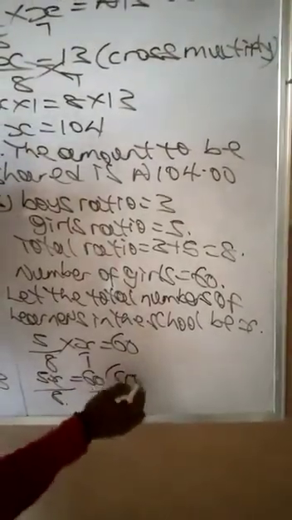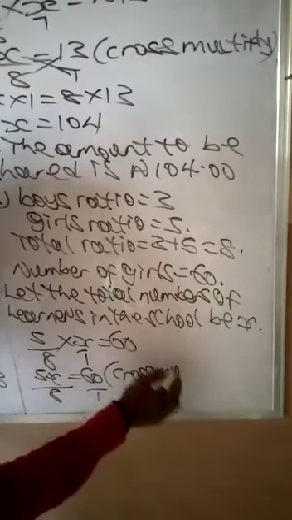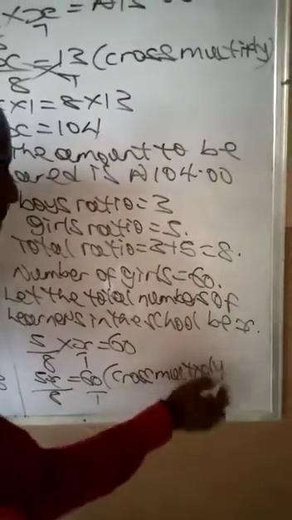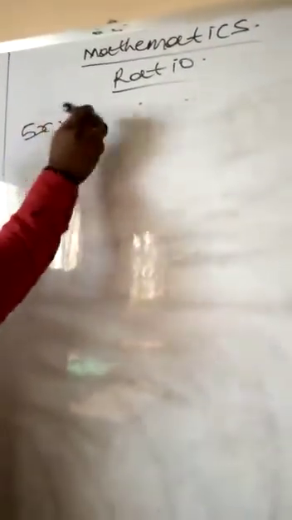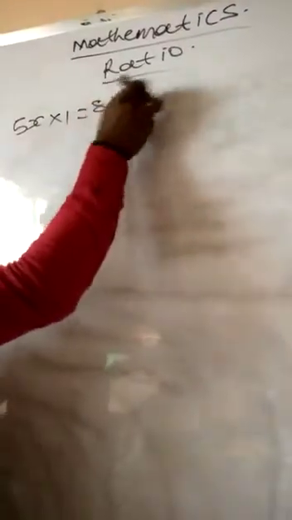Then we cross multiply. On cross multiplying, we are going to have 5x times 1 and then 8 times 60.